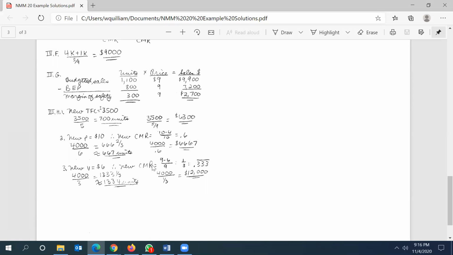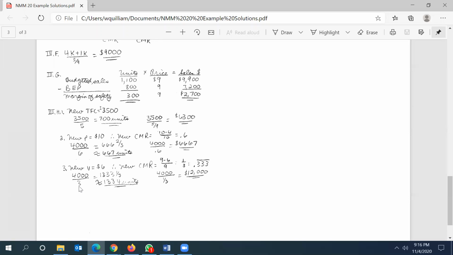The new contribution margin ratio will go back once again to the original price of 9 in the original information. 9 minus 6 gives us contribution margin per unit of 3. Divided by 9, the price, is 1/3. So out of every sales dollar we sell, a bit over 33.3 cents will be left over as contribution margin. So a little bit over 33 1/3%.